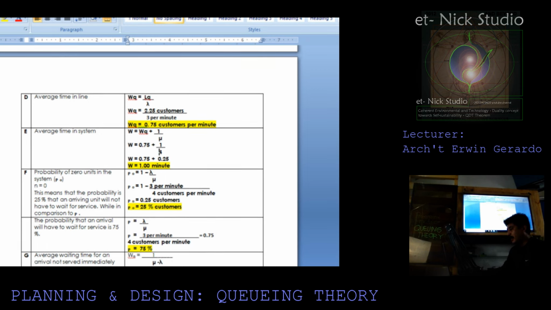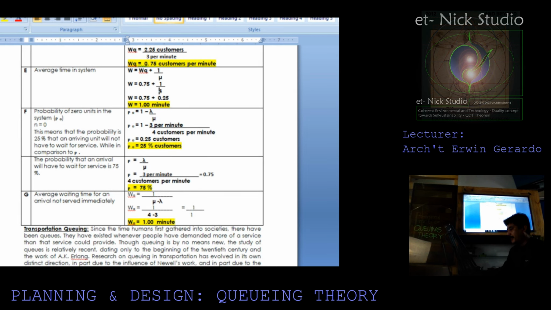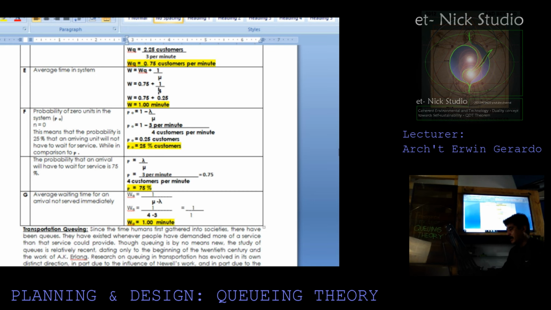So what is the probability of 0 units in the system? Meaning, what is the average system where customers won't wait? So therefore, the probability of not waiting, which is equivalent to P0, is equivalent to 1 minus alpha divided by mu. Substituting the given values, we have 0.25, where customers won't wait.